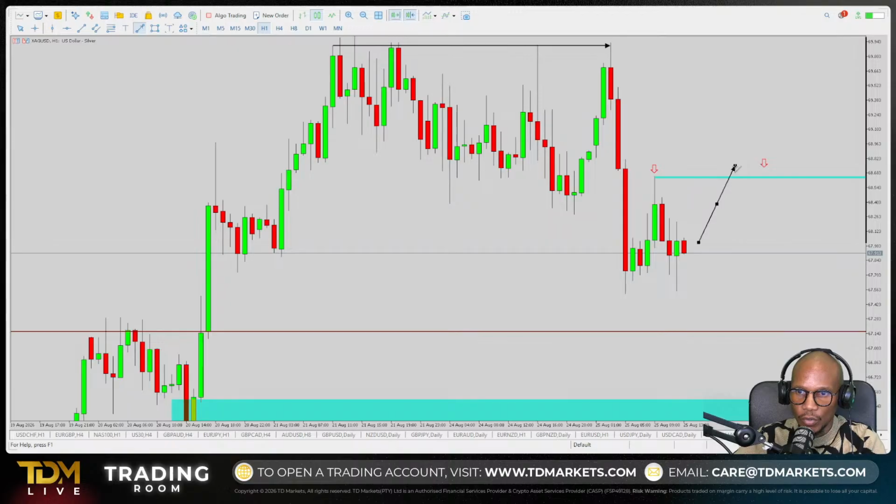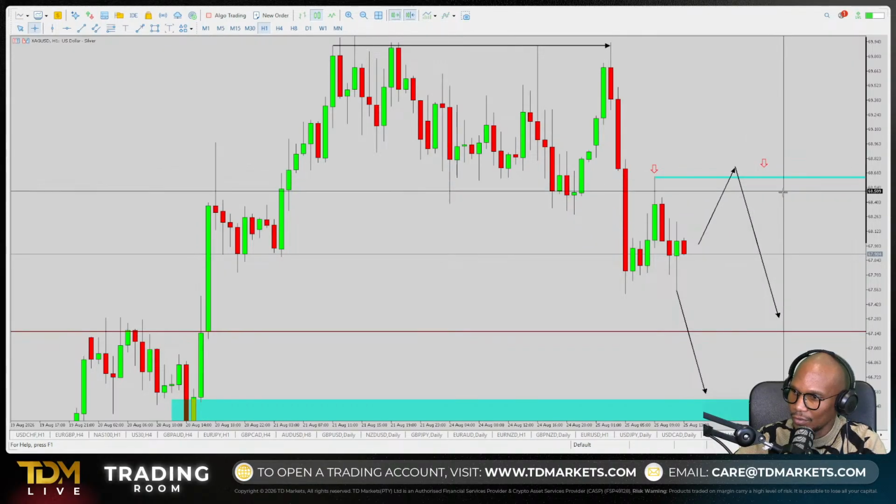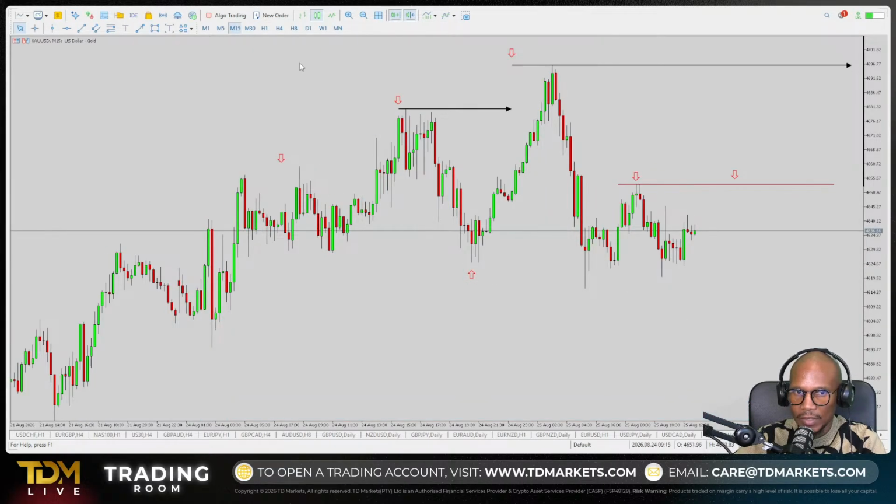It would either go down from where it is, because we already have that high, or if it gives us the second high, then it's likely going to go down from there. That's how it's looking now.